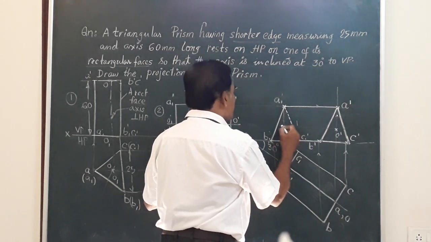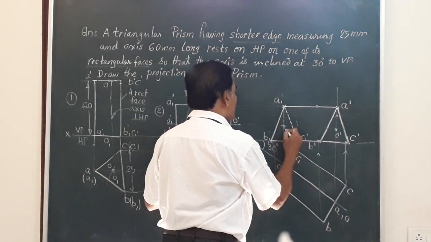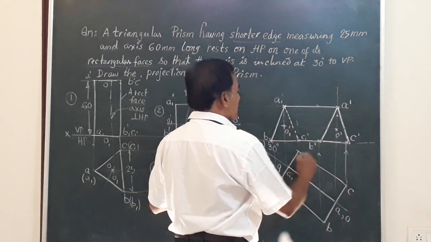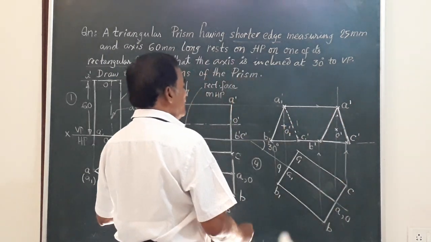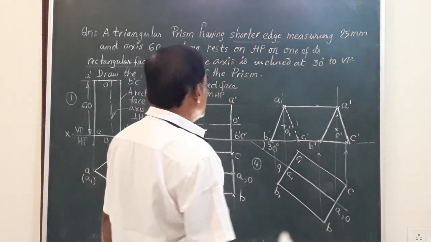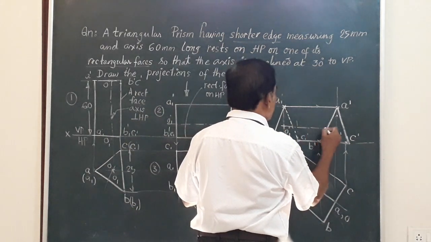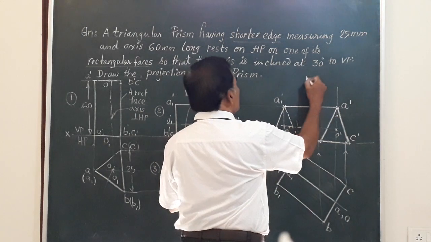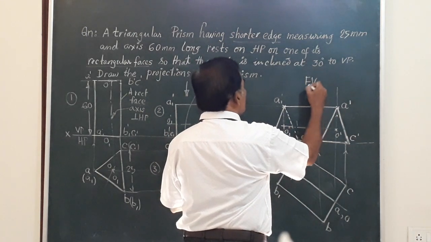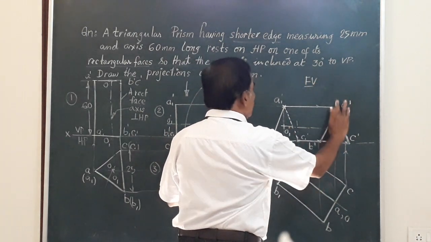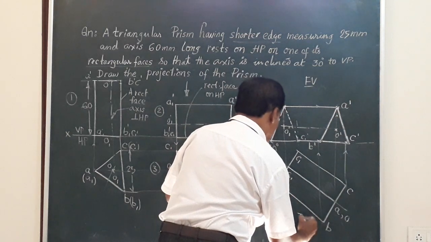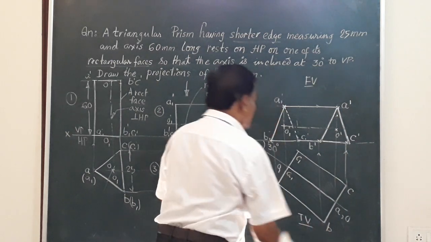Mark O1 dash, the center of the bottom face, and here you can see friends, we have the final solution with the axis marked dash dot dash dot. Friends, this is the final front view of the solid. We mark it as FV, and this is the top view of the solid, TV.